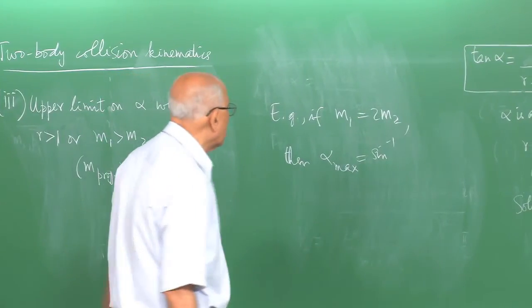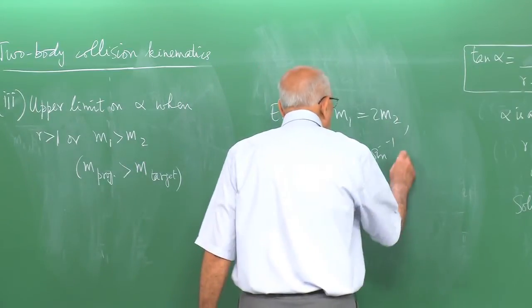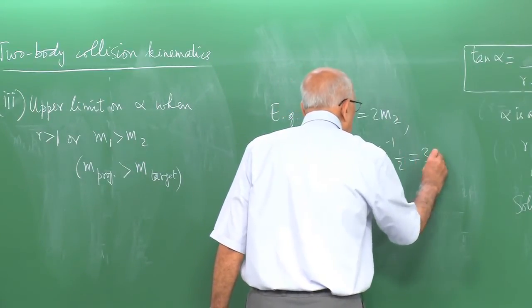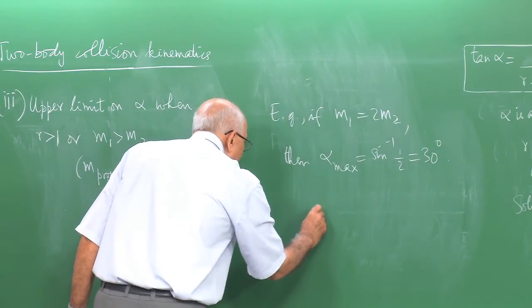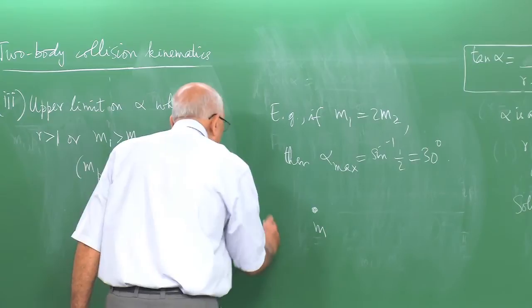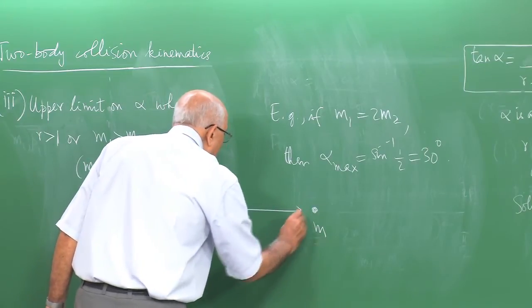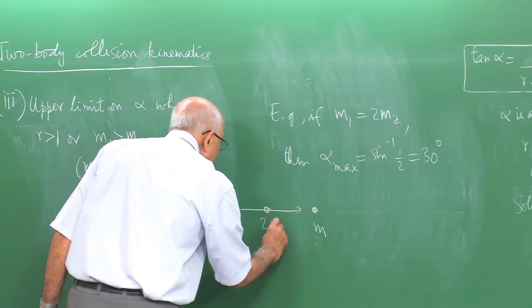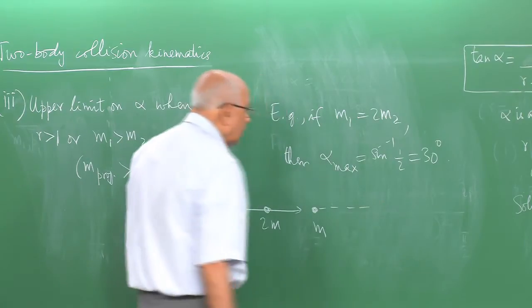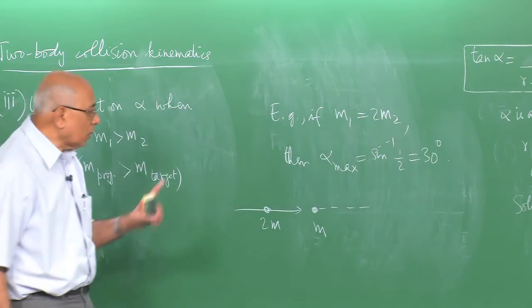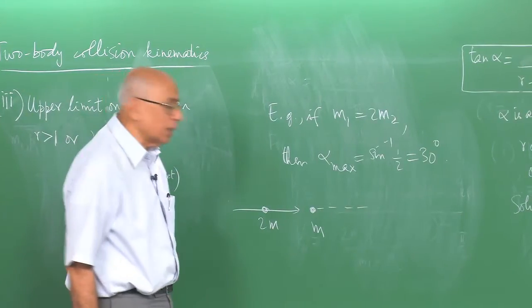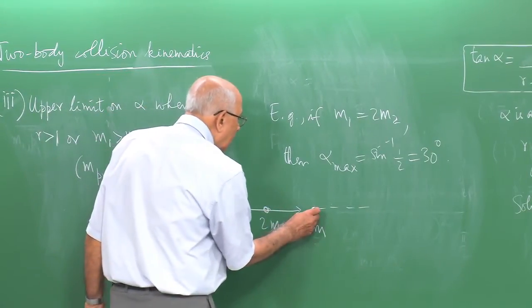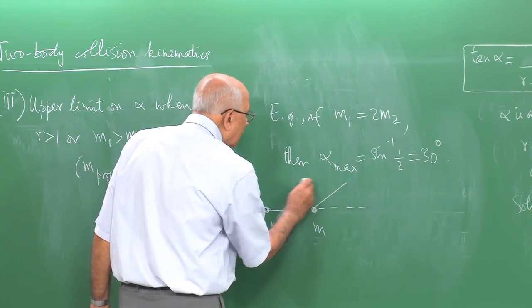M2 over M1 in this case is equal to half, so this is sine inverse half, equal to 30 degrees. So it says that if you have a particle of mass m here and you're hitting it with a particle of mass 2m, then under these circumstances, if the collision is elastic, no matter what the dynamics of the collision is, this particle cannot be scattered anywhere greater than 30 degrees.